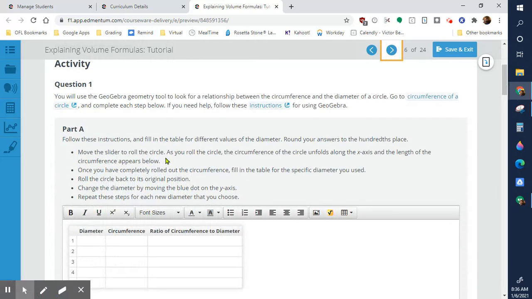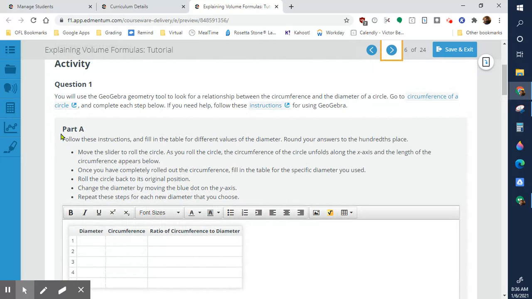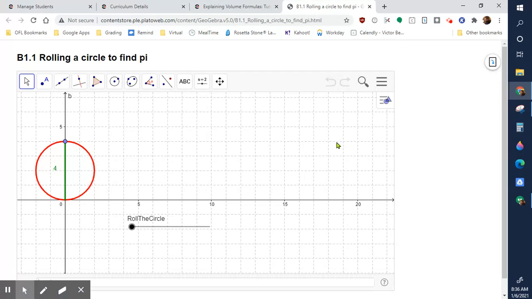We're going to be using some Geogebra here. So in here, let's get this Geogebra opened up. When we're dealing with a circle, we want to measure it, but it's kind of hard to measure something when it curves.